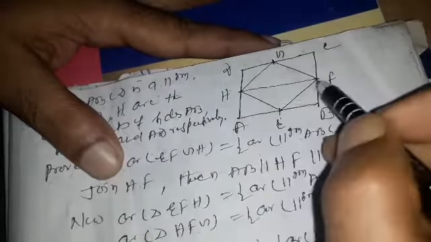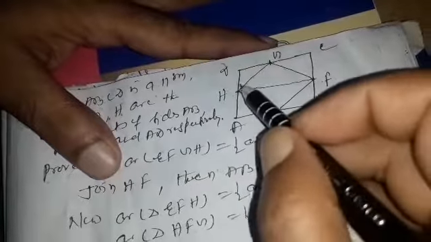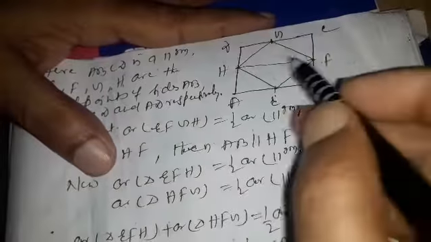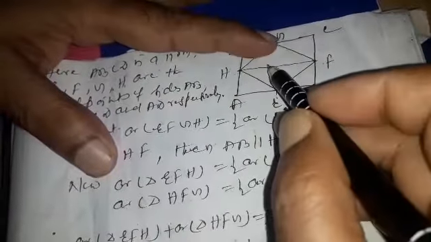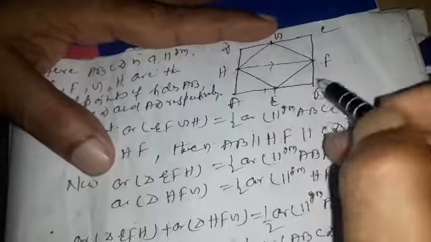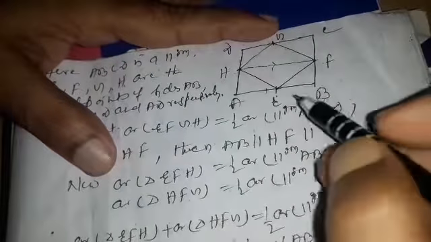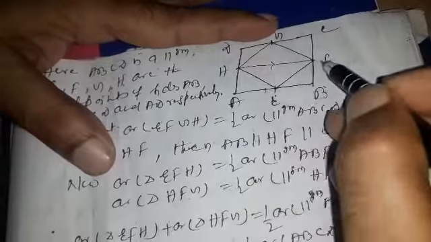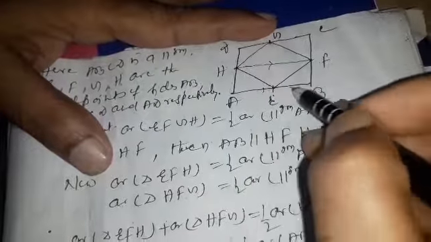So it means HF is also parallel to AB and CD, because HF is the line segment joining the midpoints of the opposite sides of a parallelogram. Now ABFH is a parallelogram, because this one is parallel to this and this is already given parallel. So area of triangle EFH is half the area of the parallelogram.